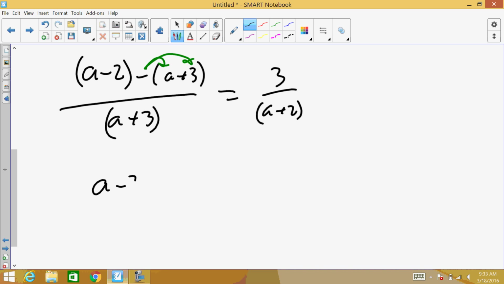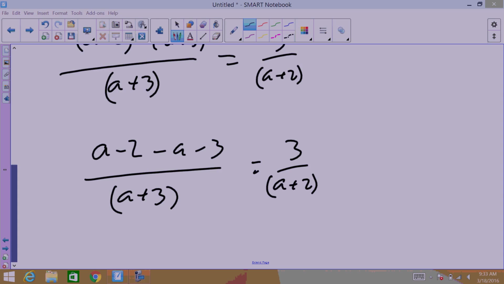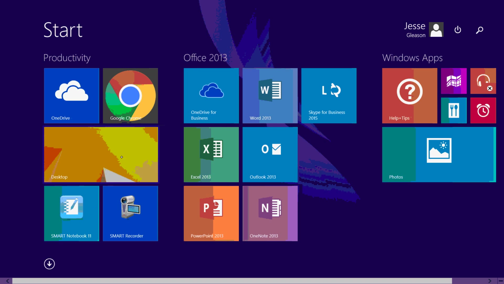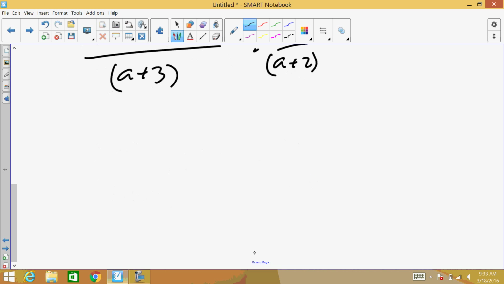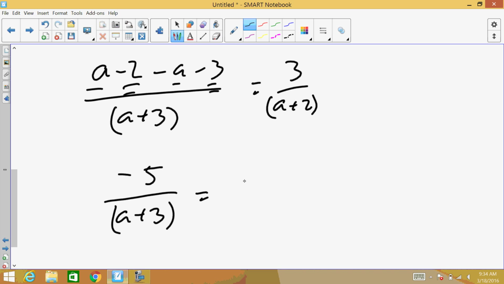So I get a minus 2 minus a minus 3 over a plus 3 equals, keep my right side coming along. Looking at this left side, looks like I can combine some like terms. A and a, they undo each other. A minus a is 0. Negative 2 and negative 3 gives me negative 5 over a plus 3 equals 3 over a plus 2.